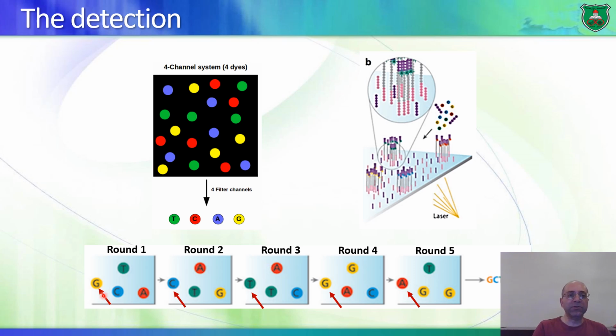So the sequence of the DNA in this cluster is G, C, T, G, A. The sequence of the DNA fragment in this cluster is C, T, T, A, G, and so on. So we would be able to know the sequence of each cluster of DNA.